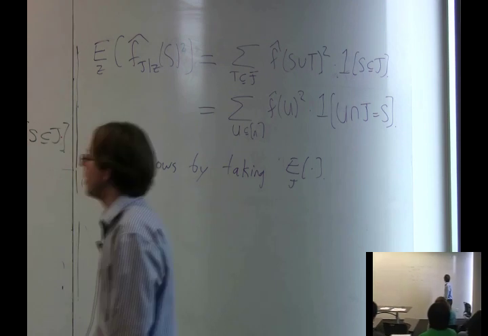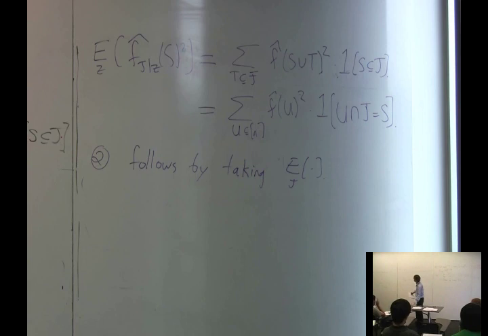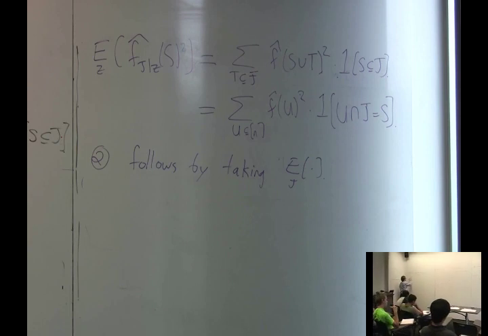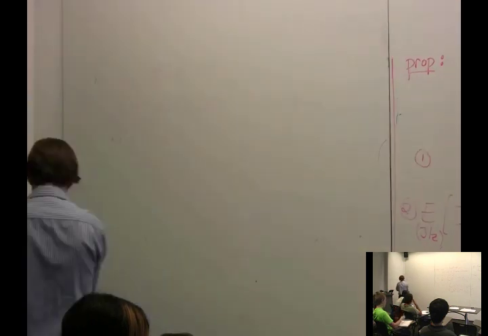Okay, so as a minor illustration of how nice it is to have these formulas, let's do a computation to get the expected total influence of the random restriction of a function. This is a corollary.